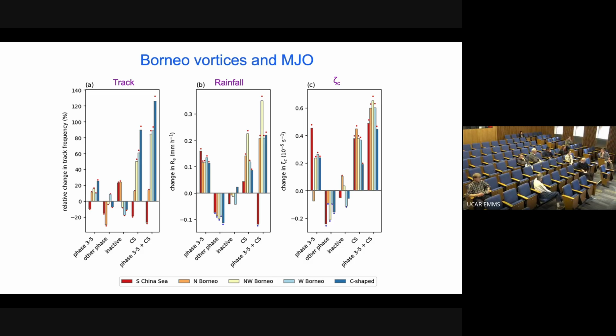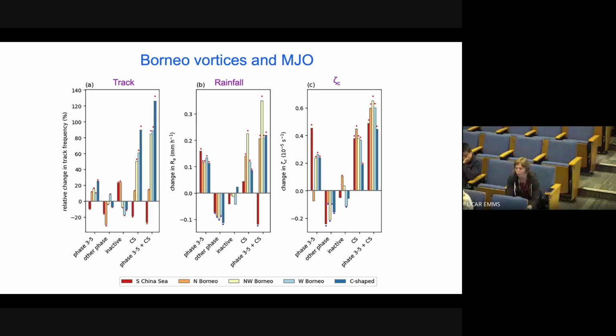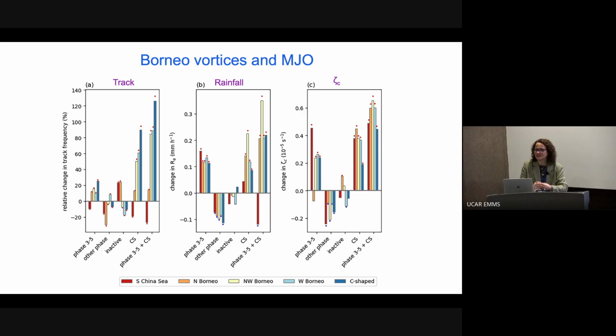I'm just wondering, given this link with the cold surges and amplified warming of high latitudes, has anyone looked at whether, if cold surges are becoming less cold, that impacts these vortices? I don't think so. Well, there is one study by Juliane et al. and Kato from Exeter University, where they looked at these the same way and at how they behave in CMIP6 models.